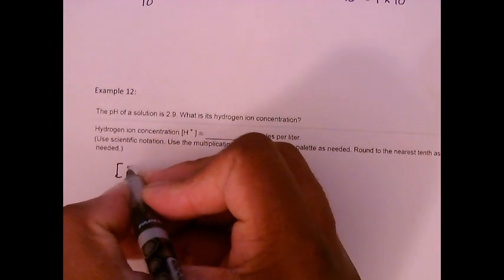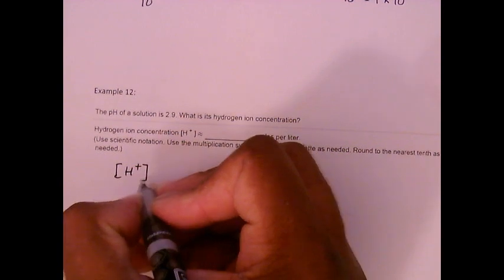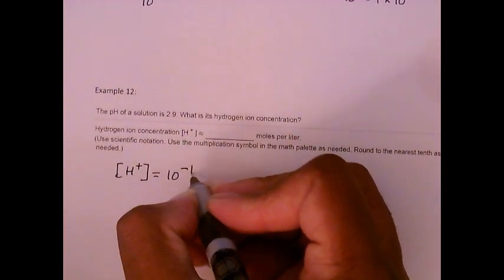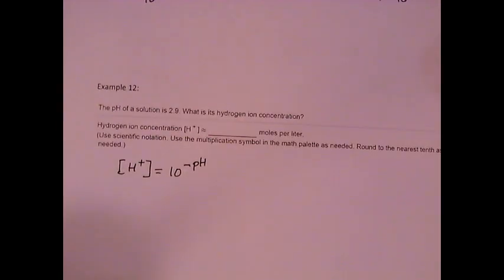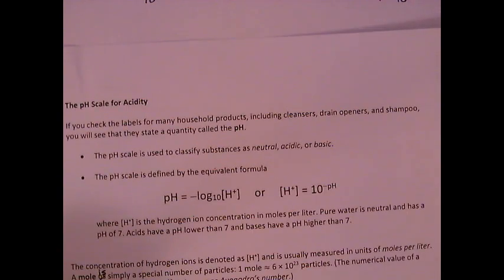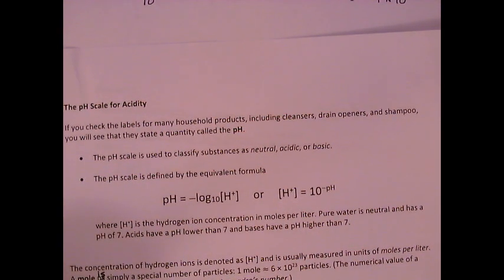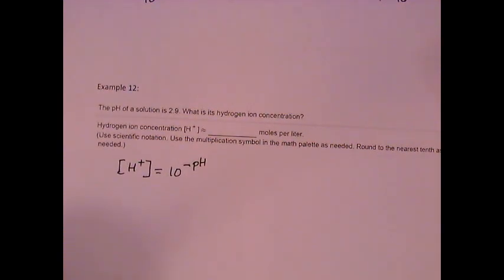That formula I just talked about, H plus, is equal to 10 raised to the negative pH. That's what it's equal to, and that is the hydrogen ion concentration.